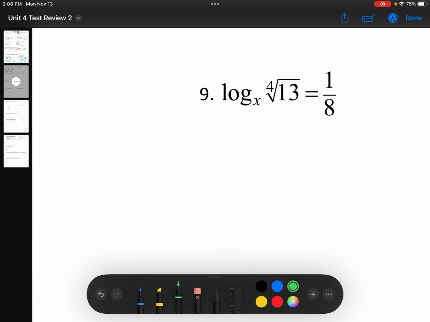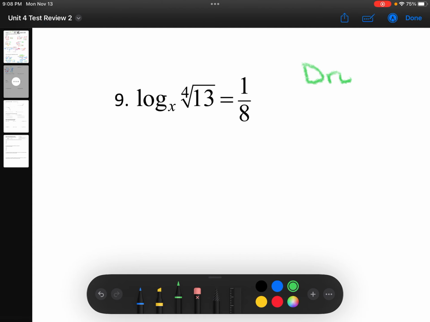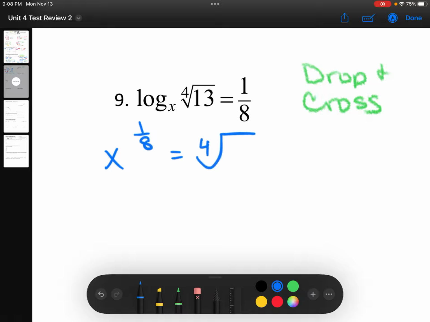On number 9, start with drop and cross. And we'll have x to the power of 1/8 equals the 4th root of 13. We can take that 4th root of 13, rewrite it as 13 to the power of 1 over 4.